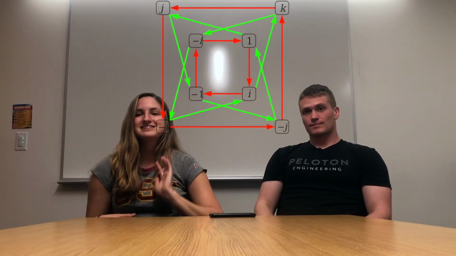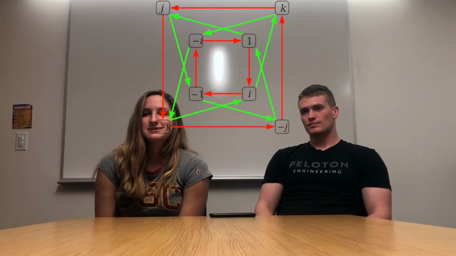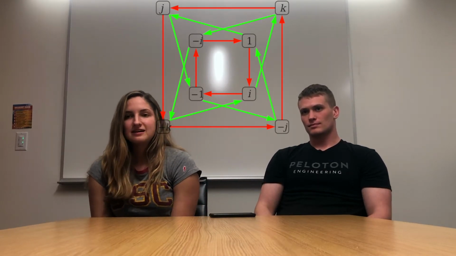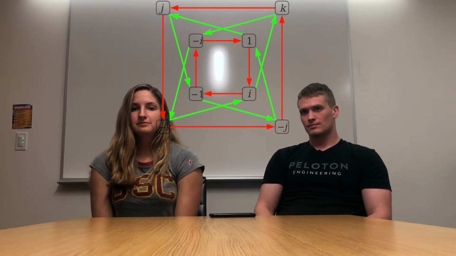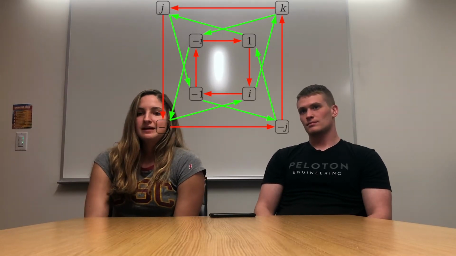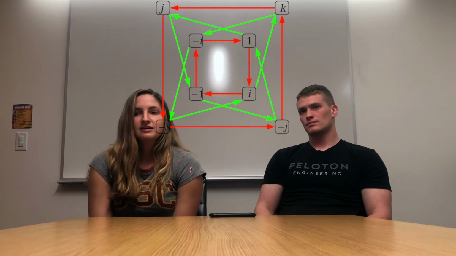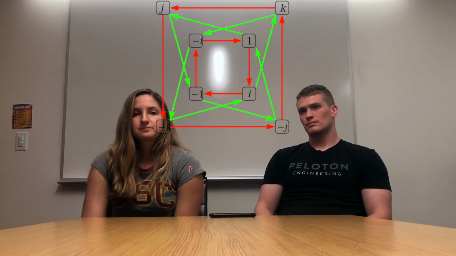So the Cayley diagraph on the screen that you guys are seeing is going to show the relationship between I, J, K, and then 1, which is going to be that identity element when they're multiplied with each other. And as well as all their inverses, so -I, -J, -K, and -1.